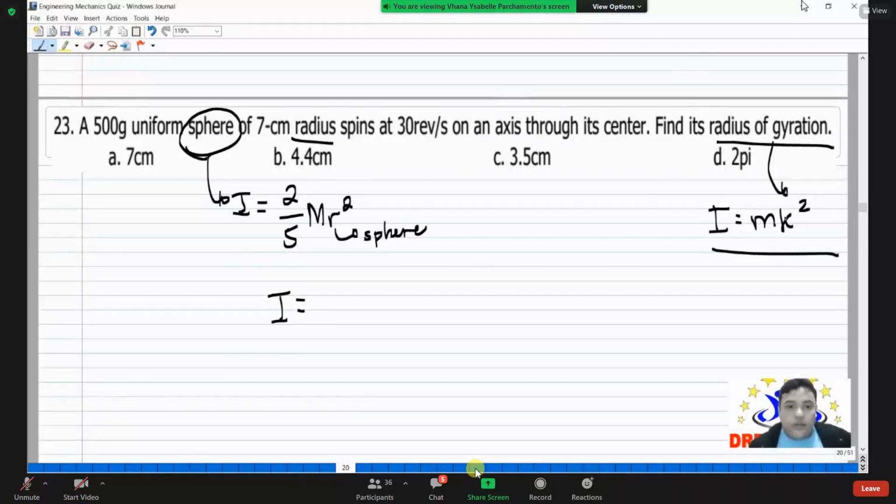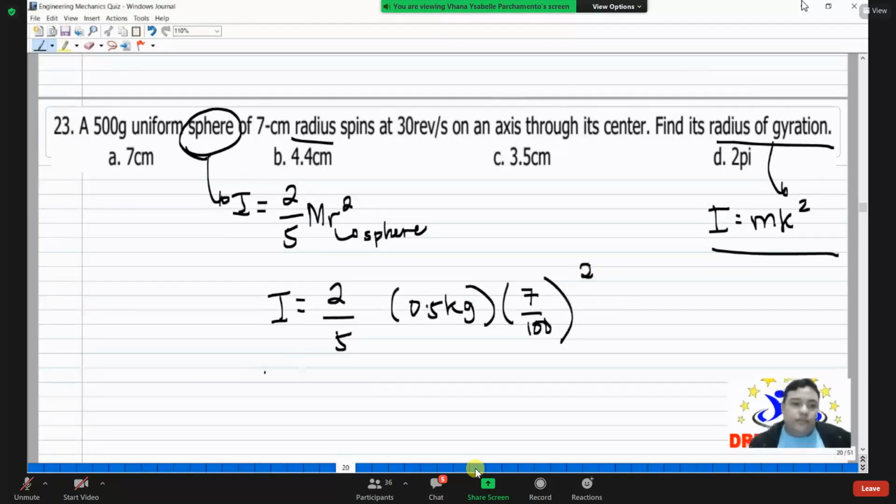So therefore, kunin natin yung radius of gyration. So since dito k dito, tapos yung m, okay, solve na lang natin yung I. So 2/5 times yung ating mass ng sphere, which is 500 grams, so that is 0.5 kilograms, multiplied by 7/100, the quantity squared.